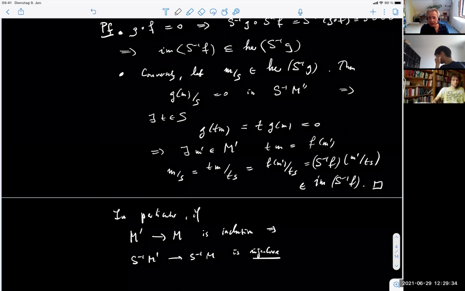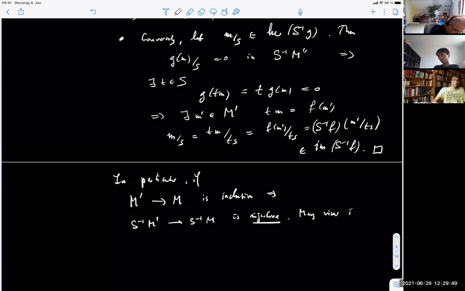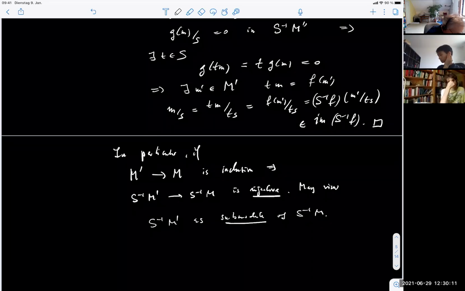So we may view this as an inclusion, and if it's convenient, I view this as a submodule of this. So in a way, submodules become submodules. So this was one property: exactness is preserved.